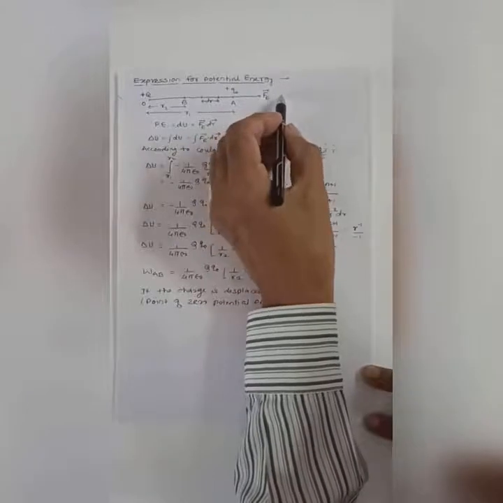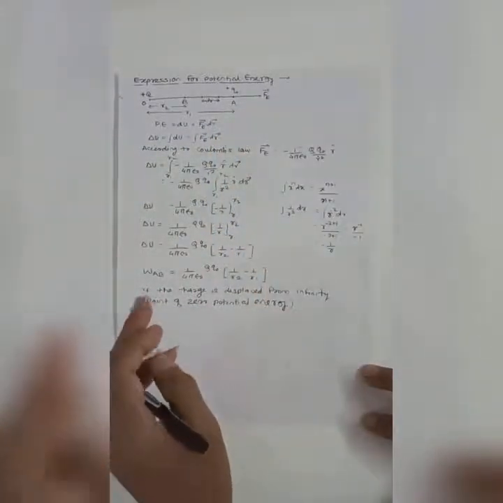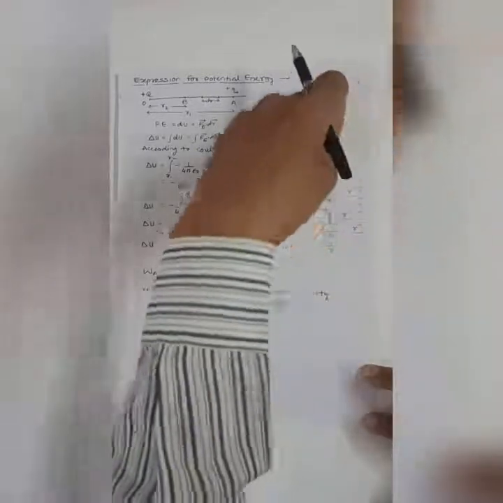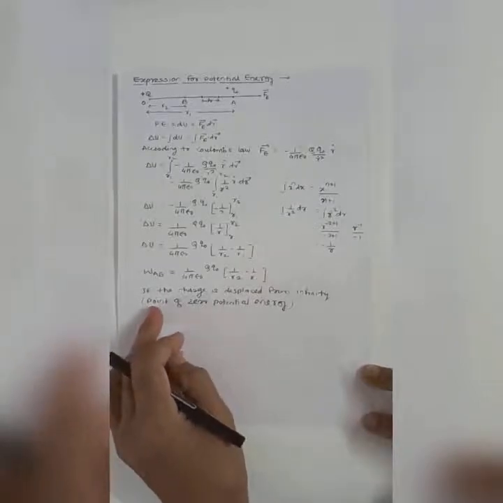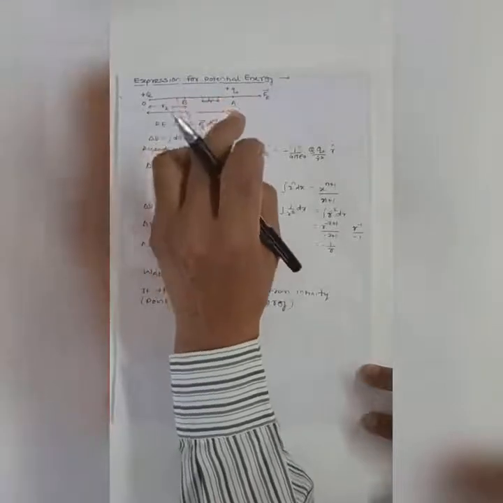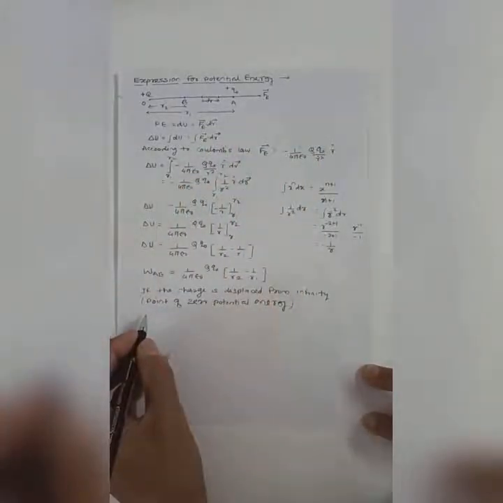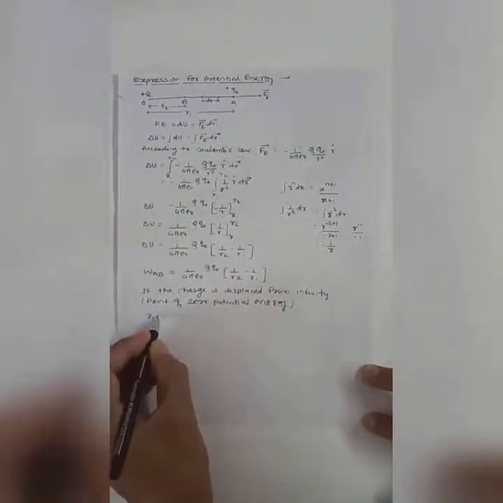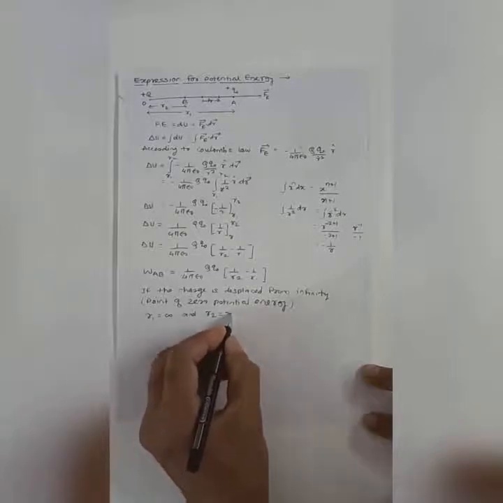Infinity means suppose this point is here. So if the charge is displaced from infinity to a certain point in an electrostatic field, then R1 is equal to infinity and R2 is equal to R.